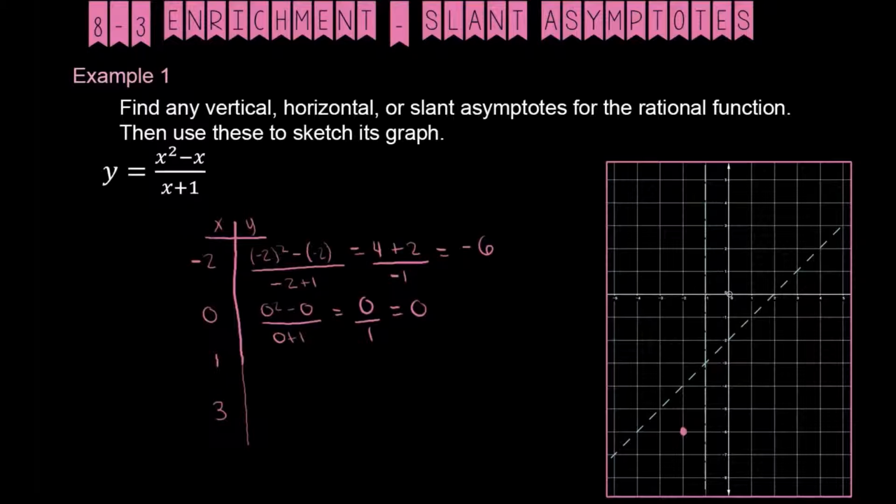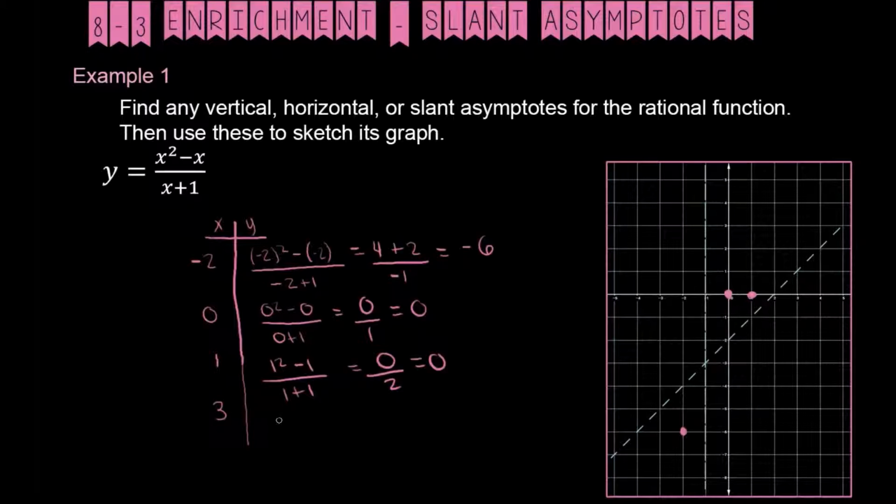So at 0, I'm at 0, 0, right here. Then at 1, I get 1 squared minus 1 over 1 plus 1, which is going to be just 1 minus 1 is 0, and 1 plus 1 is 2, which is really just 0. So at 1, I'm still at 0.